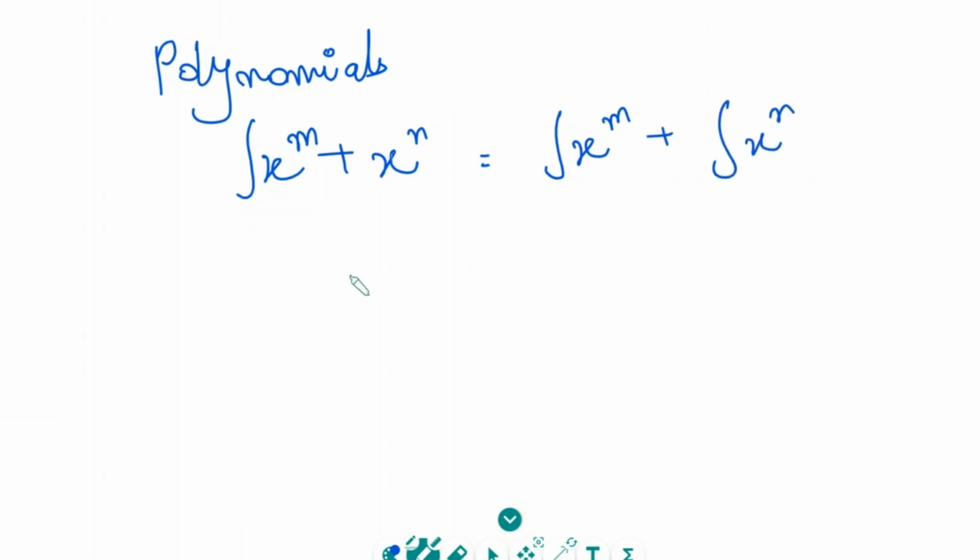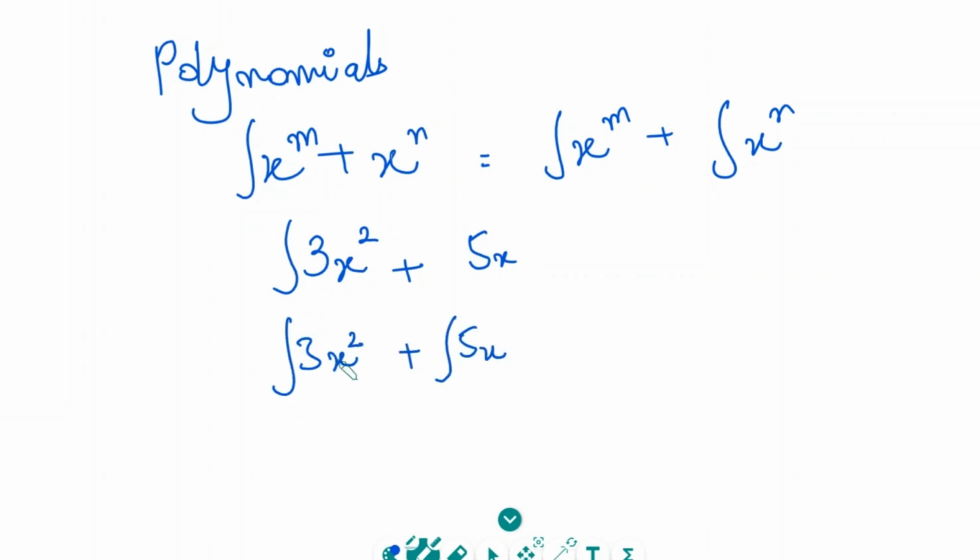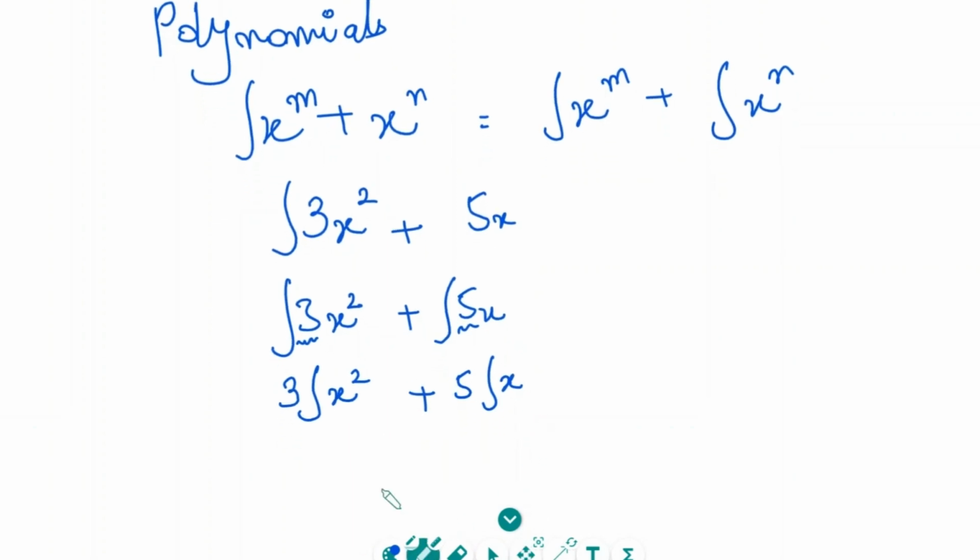For instance, if I have 3x squared plus 5x and I have to integrate this, I can integrate them individually like this. Another thing you can do is, if you've got a constant here, which is 3 in the first case and 5 in the second case, you can put them outside if you want to. I will show you both ways: one by taking them outside, and then one where you don't take them outside, and you get the same result.